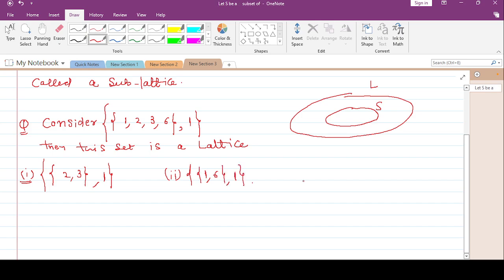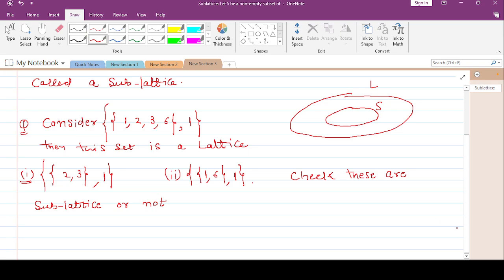Check whether these are sub-lattices or not. So we want to check that these are sub-lattices or not.